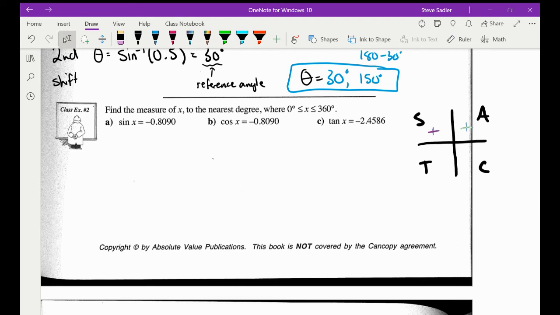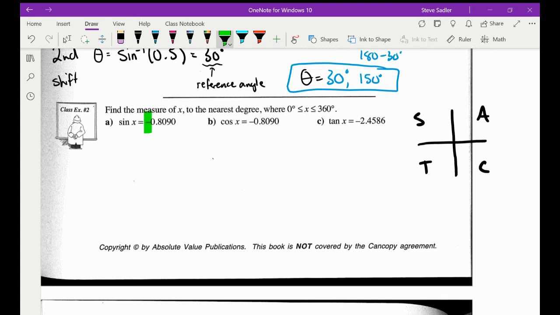Let's try that process again for sine theta equals negative 0.8090. We know that sine is now a negative value.